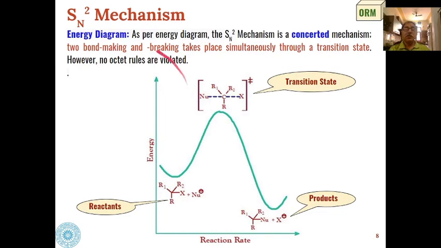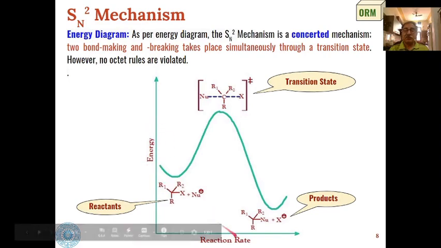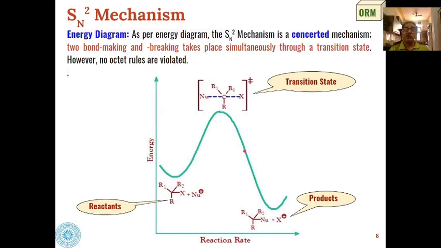Similarly, for the energy level diagram for SN2 reactions, the energy versus reaction progress can be explained: SN2 reactions have a concerted mechanism, and there are two bond makings and breakings which take place simultaneously through a transition state.